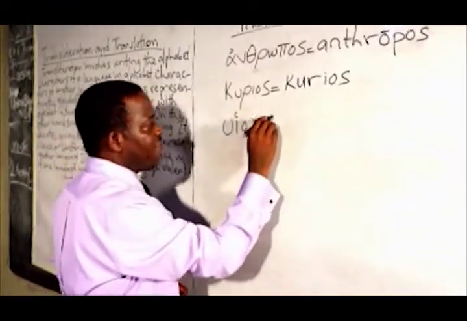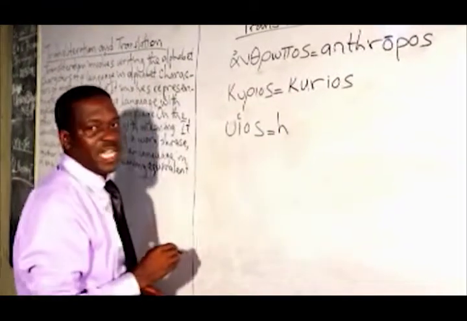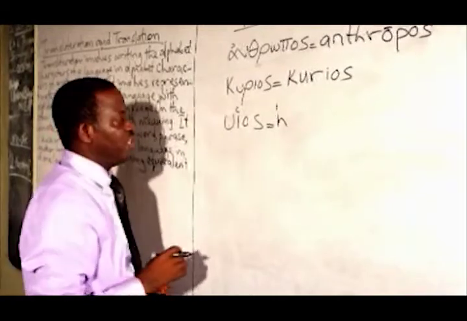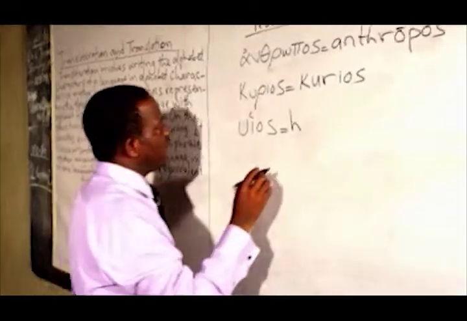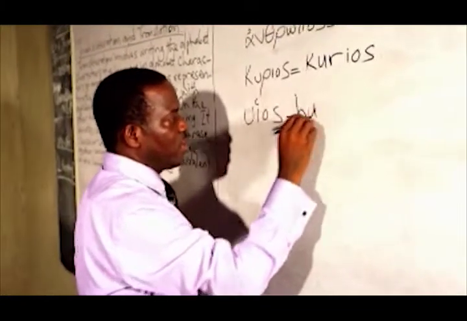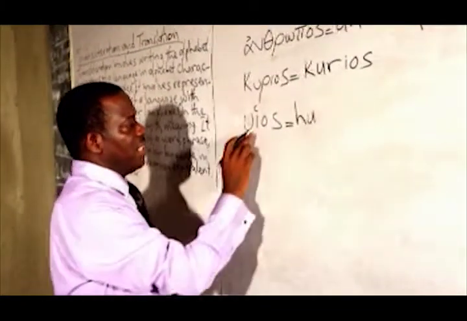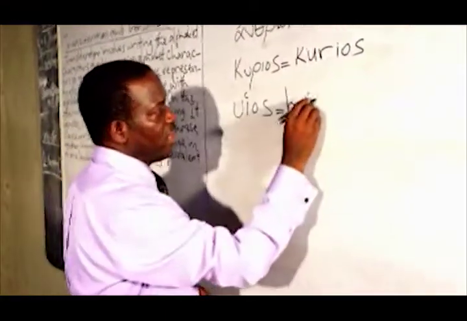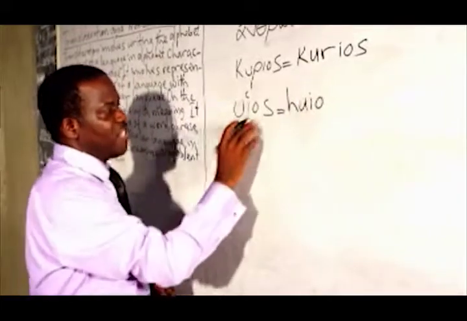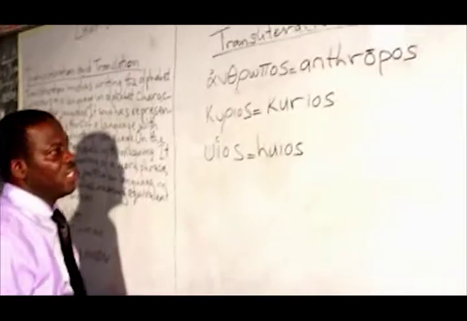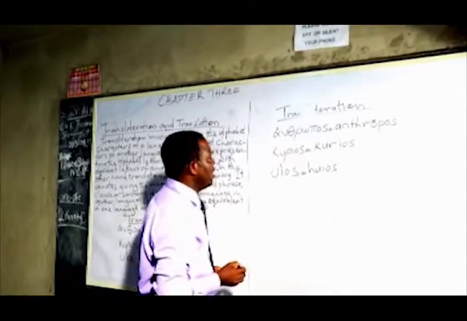So the rough breathing will come first as H. We use the H to represent the rough breathing in English. Then the next letter is upsilon, which is equivalent to our English U. Then iota is equivalent to our English I. Omicron, English short O, and sigma, English S. So this is what we call transliteration in Greek.